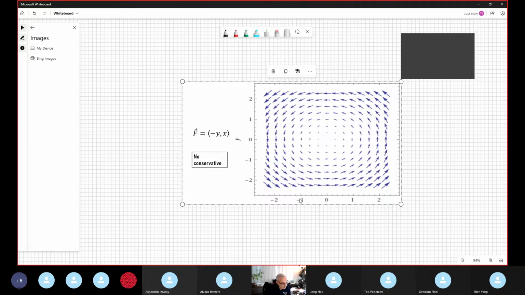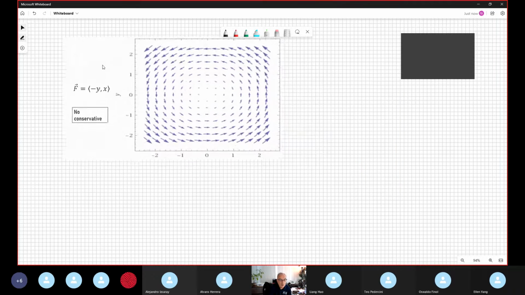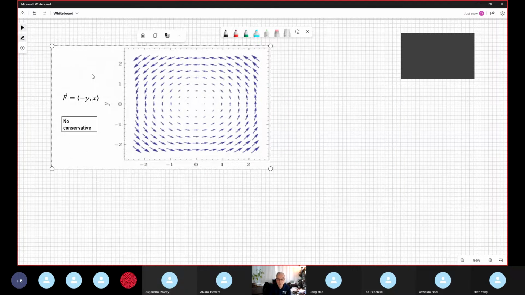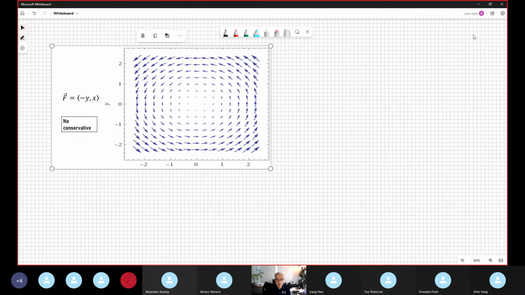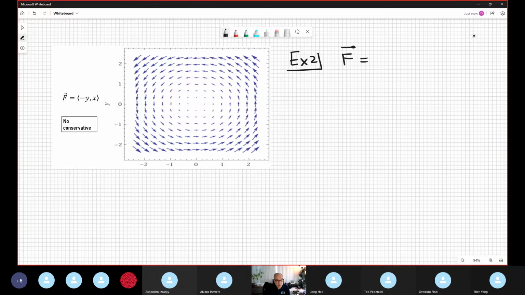Okay, minus y. This example, let's do it. I call it example 2. In this case, the vector field is minus y, comma x.